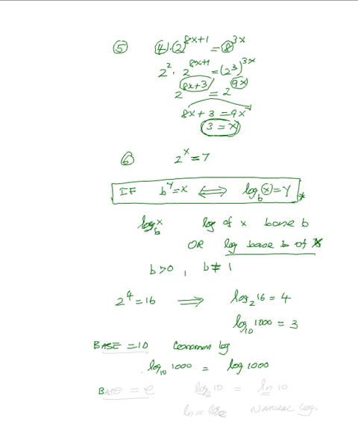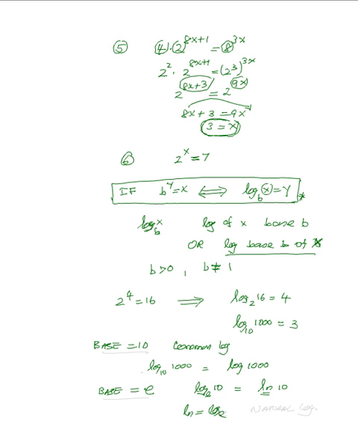Next base is base e. And this is generally used for mathematical purposes as well as scientific applications. So, for example, log base e of 10, if somebody says, simply we write ln of 10. So if you see ln, it means log base e.